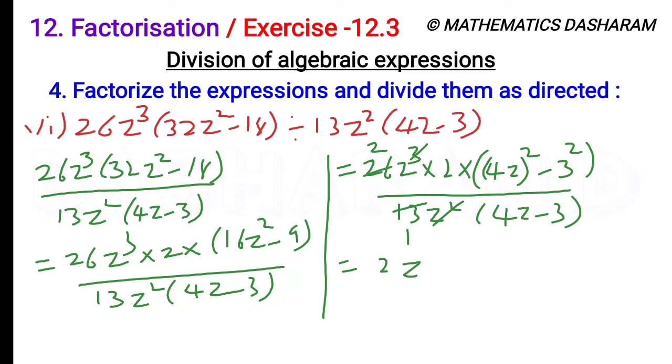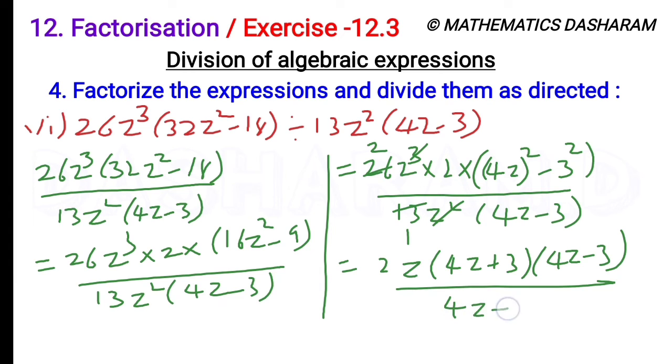So 2z into, here the a square minus b square formula, that is a plus b into a minus b, all divided by 4z minus 3. The 4z minus 3 cancels. So 2z bracket of 4z plus 3 is the answer.